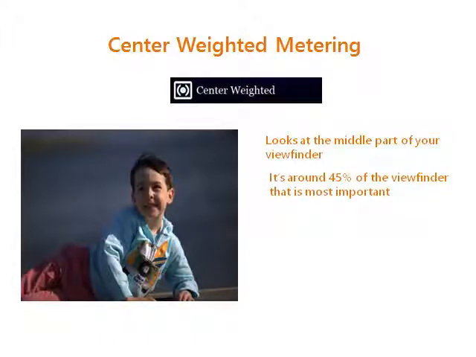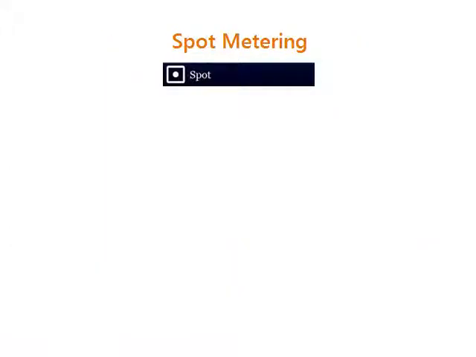It's taking around 45% of that information. So you make sure that cursor's in the middle and you'll get a correct exposure. If I used the evaluated metering, the boy could either be overexposed or underexposed depending on the amount of light that's behind him. It's called partial in Canon and center-weighted in Nikon.